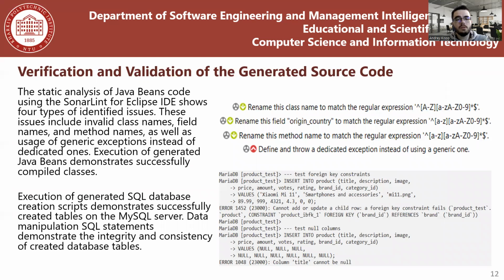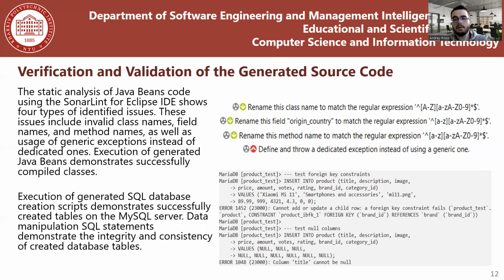We also made a static analysis of the generated Java beans code using the SonarLint tool for the Eclipse IDE, and we identified several issues like invalid class names, field names, method names, and usage of generic exceptions instead of specific ones.